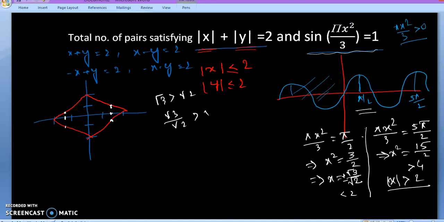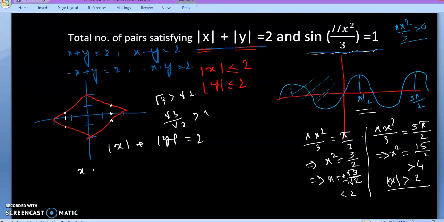So let's find it mathematically. We know that mod x plus mod y equals 2.